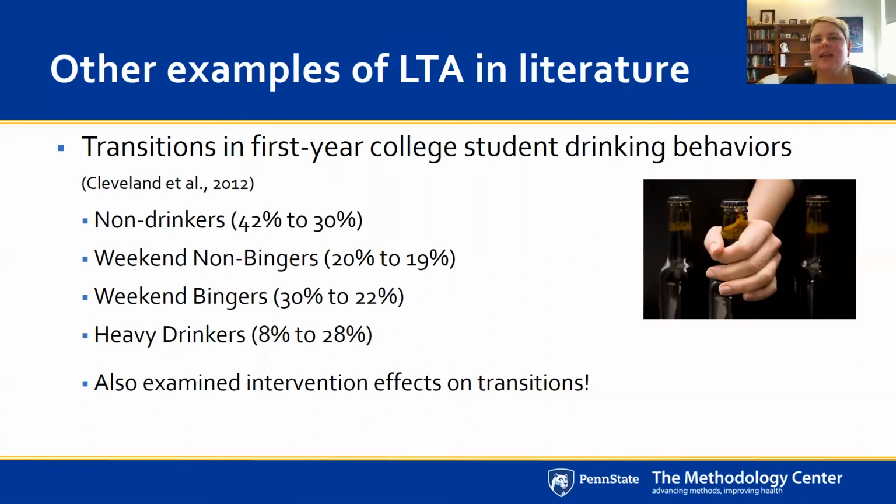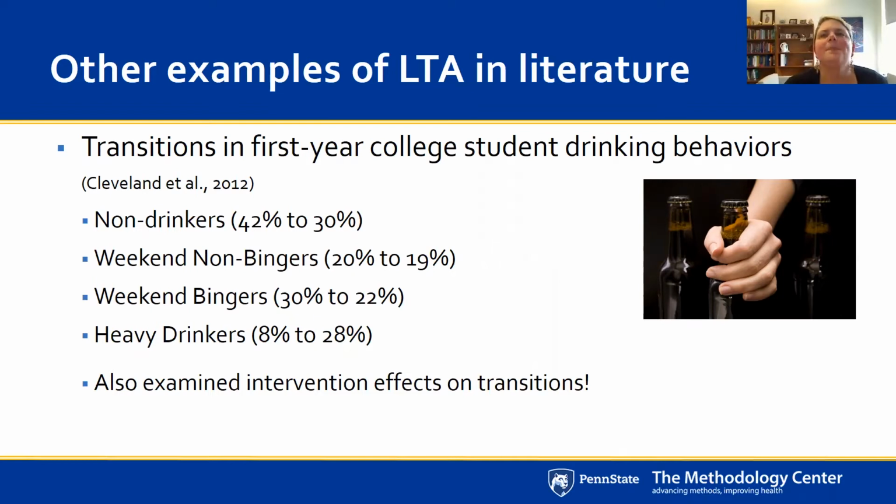LTA kind of grew out of substance use initiation work and substance use escalation. So there's a lot of applications to things like the gateway hypothesis, for example, onset of substance use. And then there's been work in recent years that is particularly focused on transitions in drinking behavior specifically.